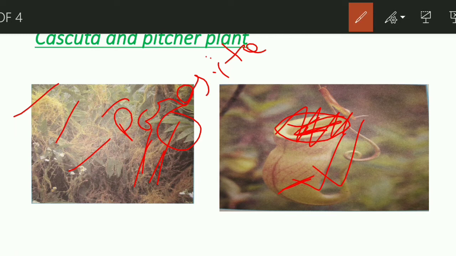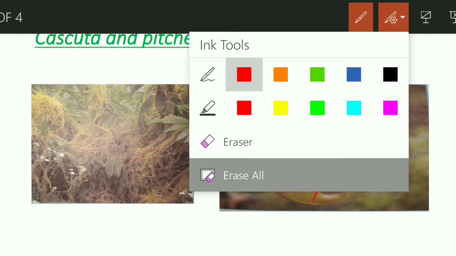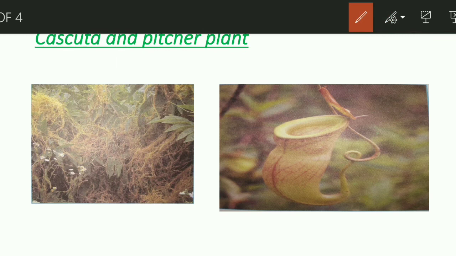When an insect enters into it, the lid gets closed, and there are also downward pointing needle-like structures which do not allow the insect to climb back out. Okay, so these were the pictures.